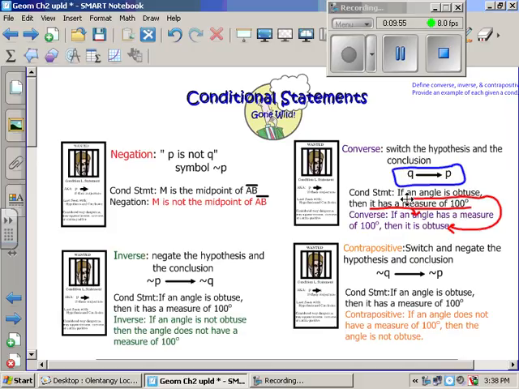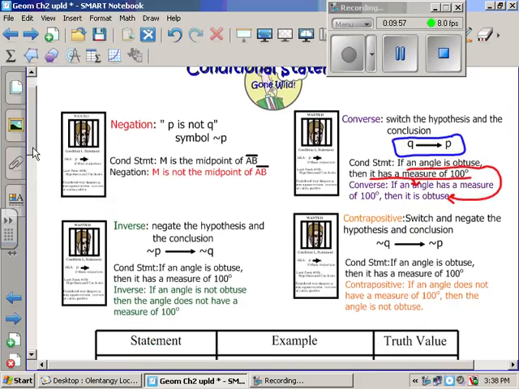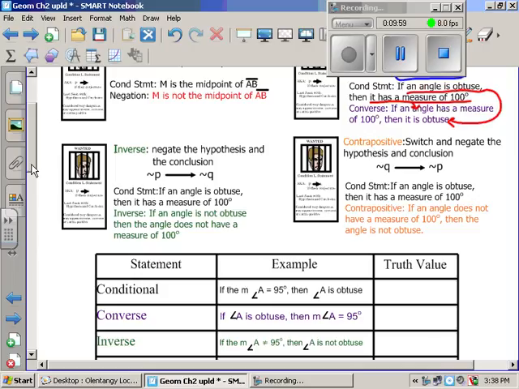Now an inverse is where you leave everything in the same order. Hypothesis stays hypothesis, conclusion stays conclusion, but you negate them both. So in symbols, it's if not P, then not Q. Remember, this little squiggly means not. So you're leaving them in the same order.